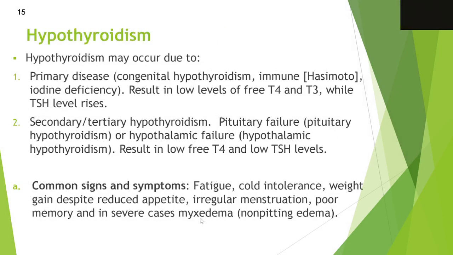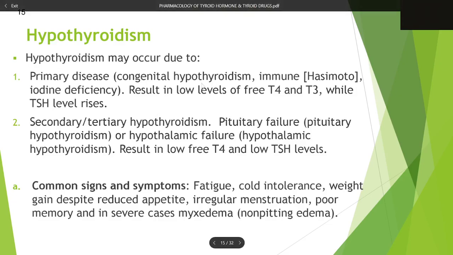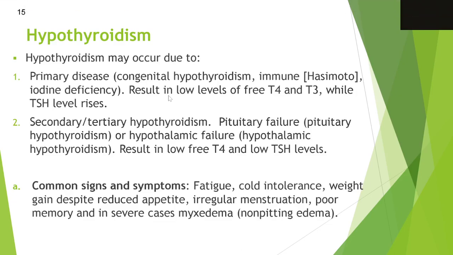Now, hypothyroidism may occur due to primary disease, that's congenital hypothyroidism, immune, which is Hashimoto, or iron deficiency. So primary hypothyroidism could occur as congenital hypothyroidism, meaning you're born with it. It's a congenital anomaly.